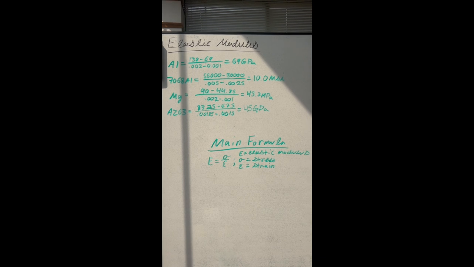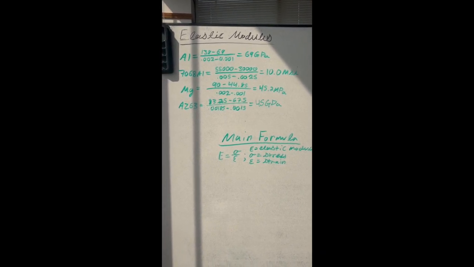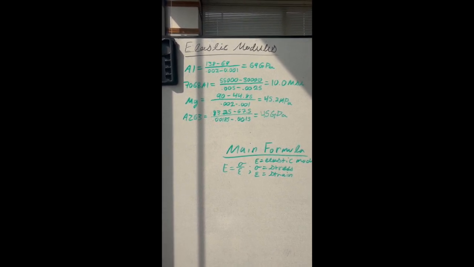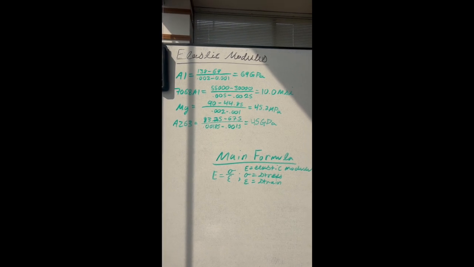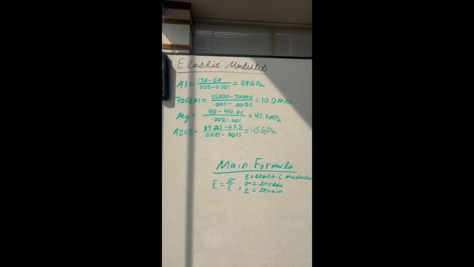So now that we have the main formula down, we'll go over real quick the actual calculations we made. As you can see up on the top, we have all the elastic modulus formulas and data points put in. And as you can tell, one of them is a bit different, and that is 768 aluminum.